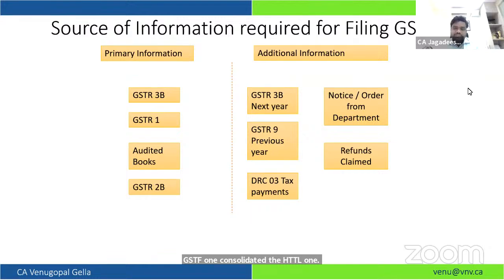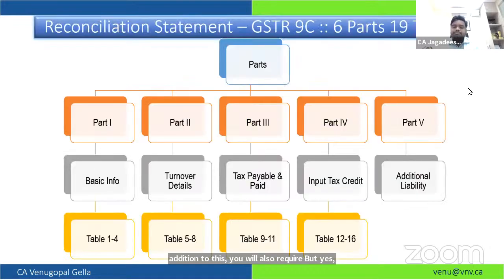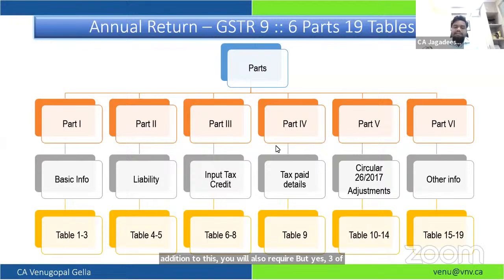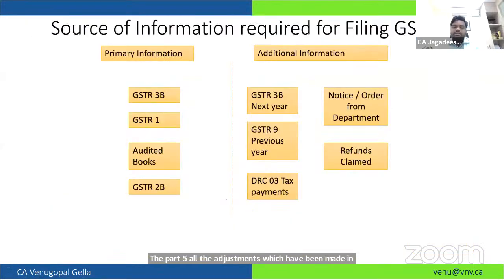In addition, you will also require the GSTR-3B of the next year, because, as I discussed in the previous slide, in GSTR-9 part 5, all the adjustments made in the subsequent year are required to be reported in tables 10 to 14. So you require the GSTR-3B of the next year and the GSTR-9 of the previous year. This information we need to report in table 12 of GSTR-9C. That also we will see.